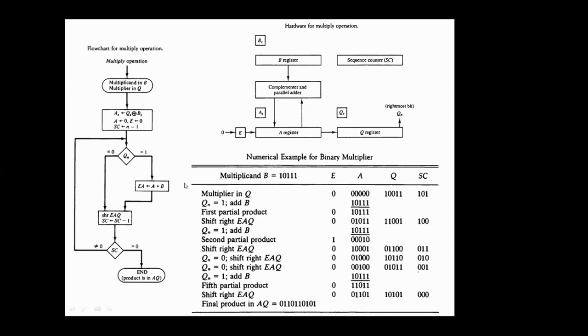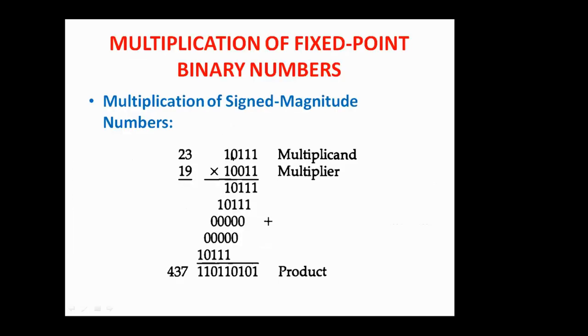So how does this work? Let us see through an example here. Let us take two numbers. One number is 10111, another is 10011. So this is the multiplicand, this is the multiplier. This is actually 23, the magnitude, and 19 is this.